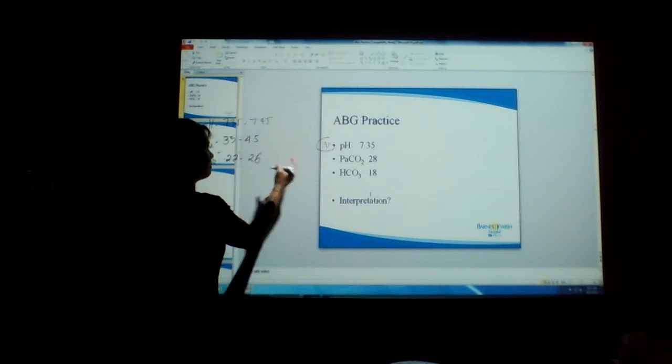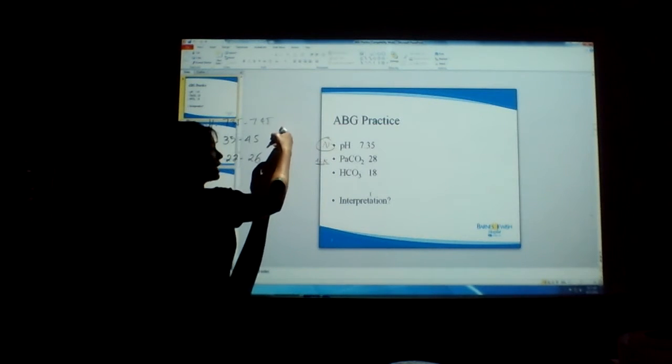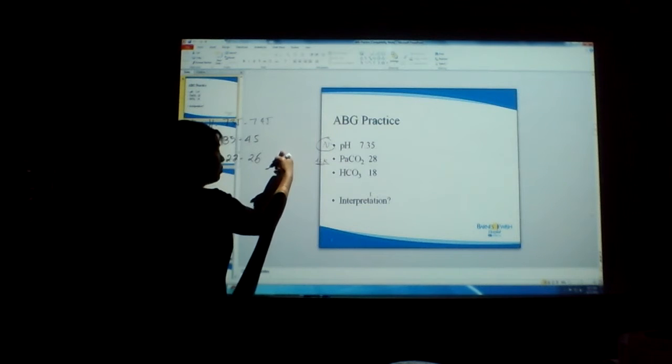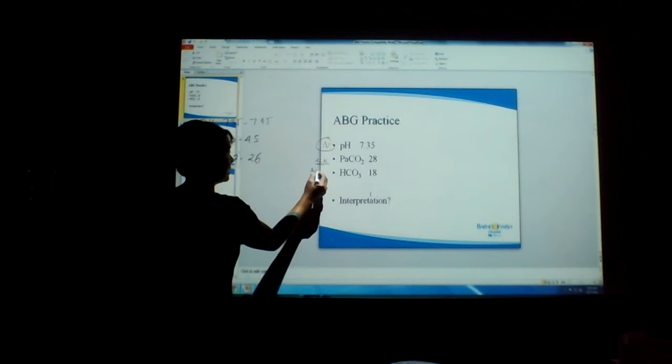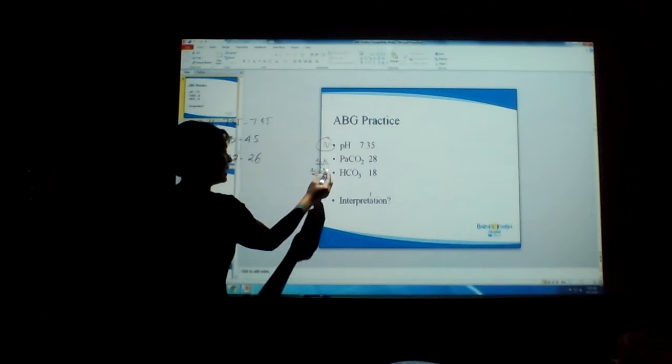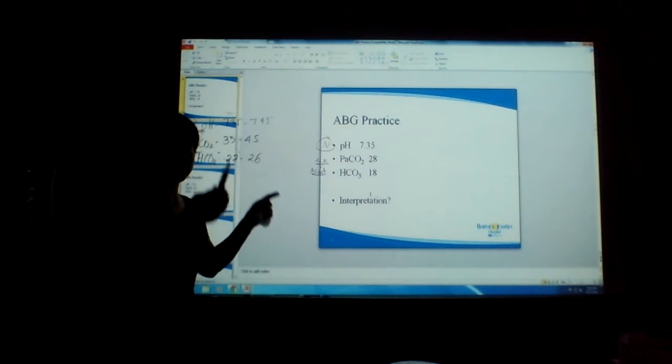Low, so that must be, if it's low, is it acidosis or alkalosis? Alkalosis, right? The higher the carbon dioxide, we say acidosis. Low carbon dioxide, alkalosis. And then the bicarb is low, so this is acidosis. So I'm gonna write, it depends on the condition, okay? I'm always gonna make sure that there's a clinical scenario.